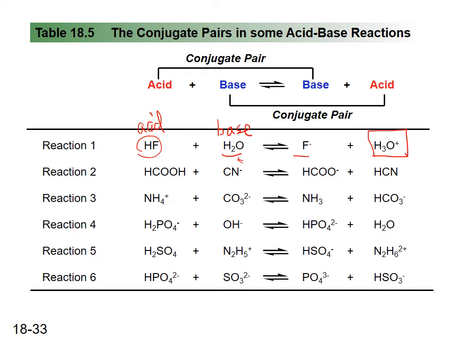So this is an acid, the conjugate acid of water. The fluoride accepts the proton, and therefore it's the conjugate base of hydrogen fluoride. You can find the acid-base pairs in reactions 2, 3, 4, 5, 6 in a similar way.